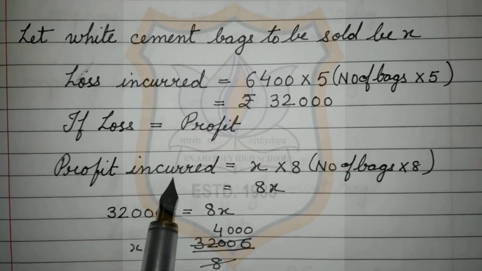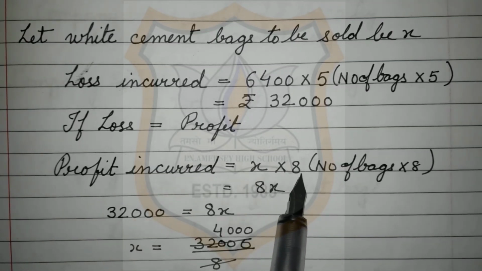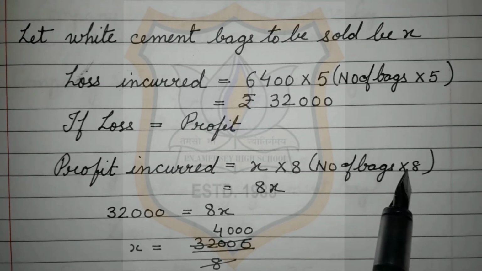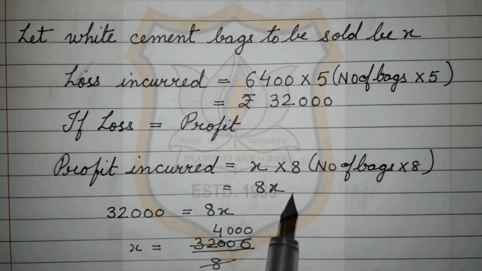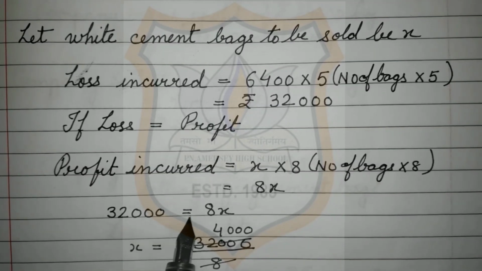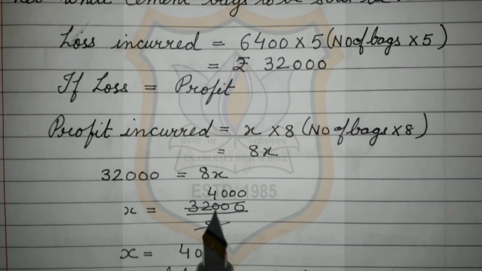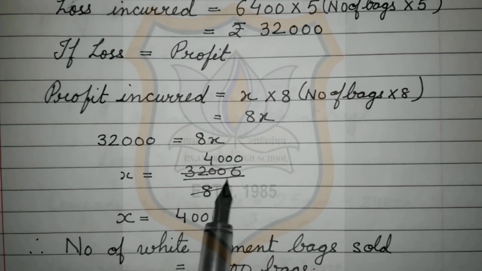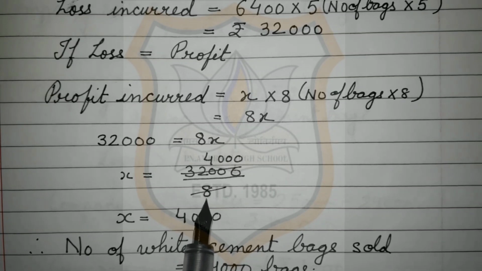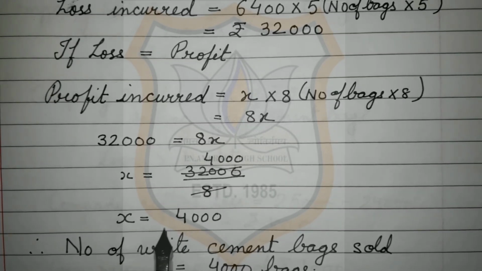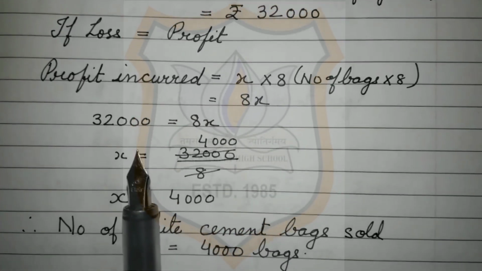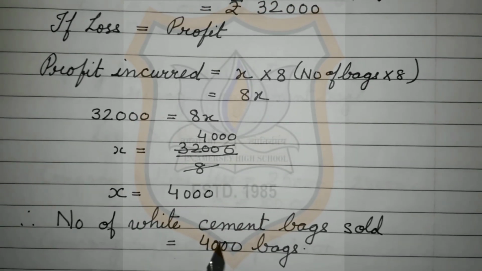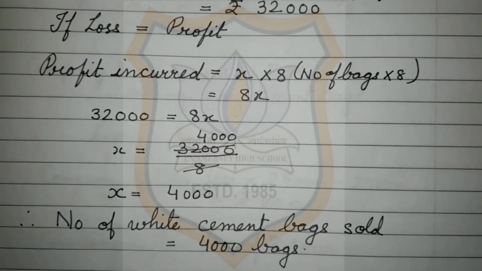So profit incurred is equal to x into 8, that is number of bags into 8, which comes to be 8x. Now 32,000 is equal to 8x. Then value of x is equal to 32,000 upon 8. Cutting is done and the answer is, the value of x is 4,000. Now we can say that number of white cement bags sold is equal to 4,000 bags.